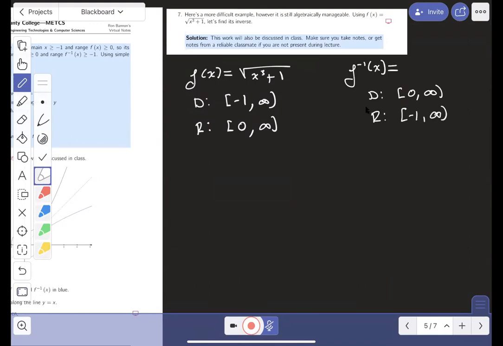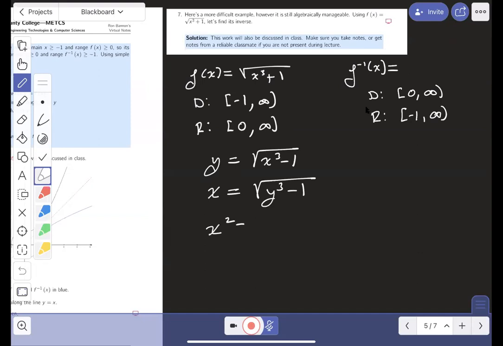We provide a key to you. We'll look at the key later. But right now, what I want to do is find the inverse. So what's the inverse going to be? I'll write this down for you. Change f of x to y. Interchange x with y and y with x. Solve for y.